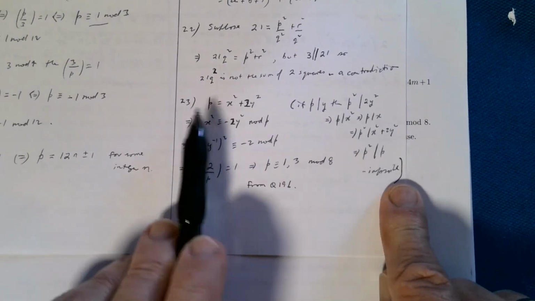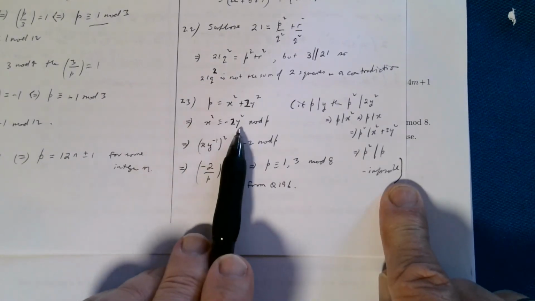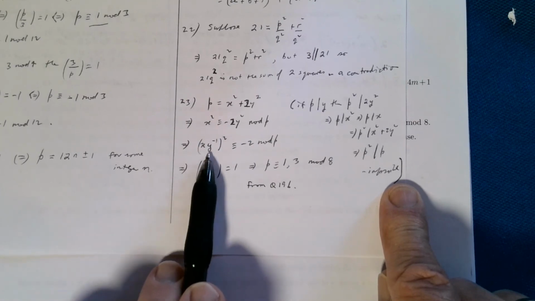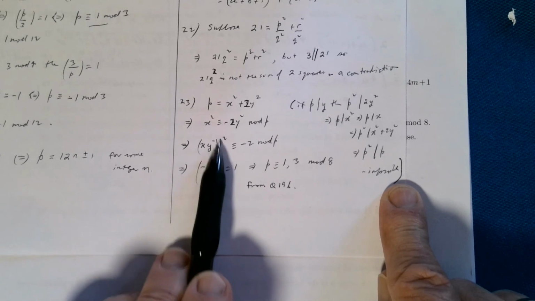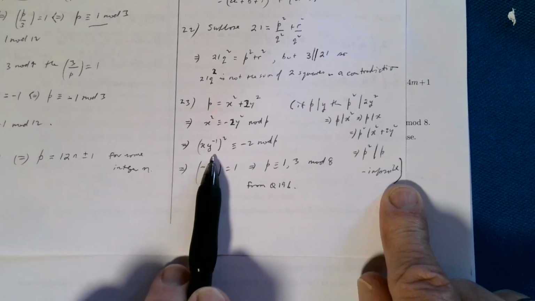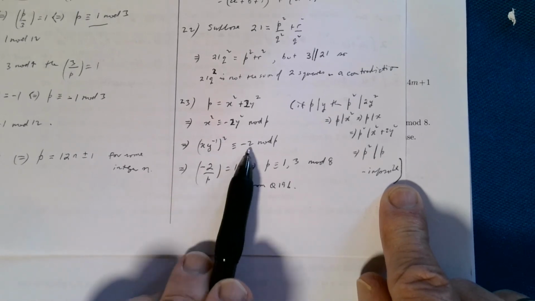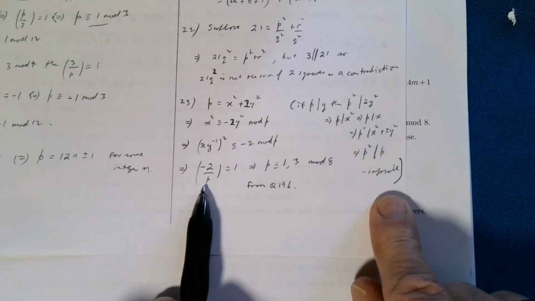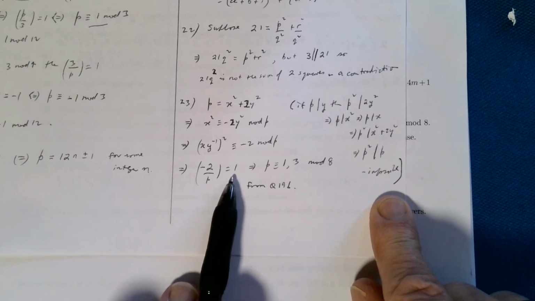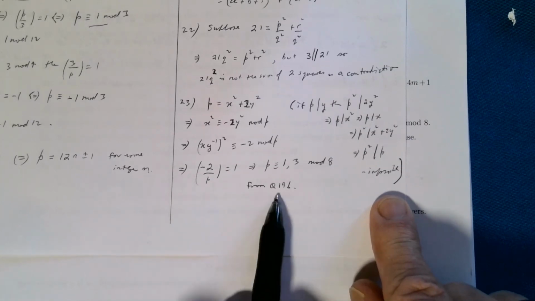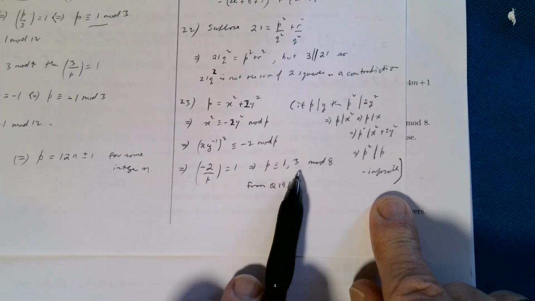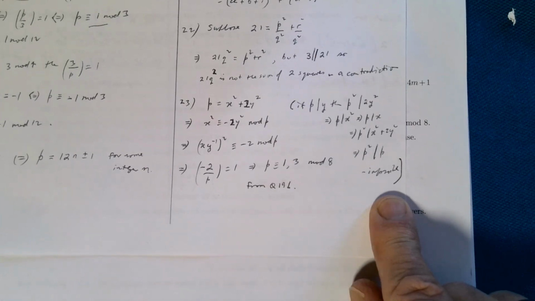So we know that y has an inverse, so you can multiply both sides by y inverse squared, and then what you get over here as a perfect square is congruent to minus 2 mod p, and that says the Legendre symbol minus 2 over p is 1, because minus 2 is now a square, and we know from question 19b that means p must be a 1 or 3 mod 8 prime. In fact, this is if and only if.